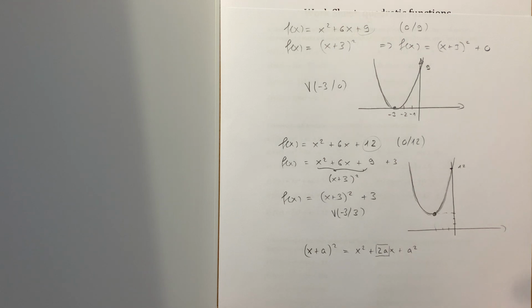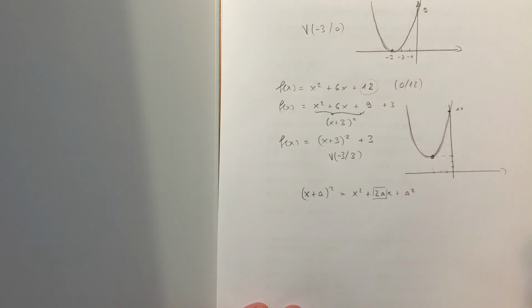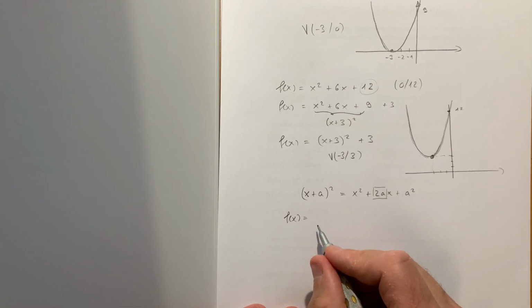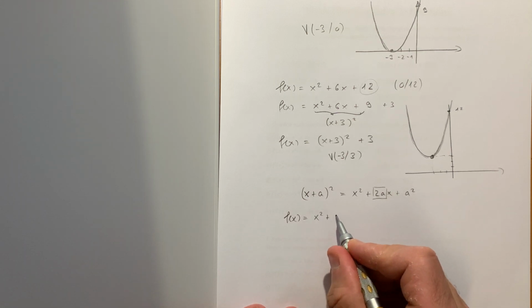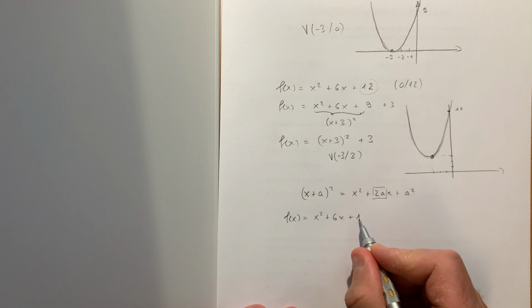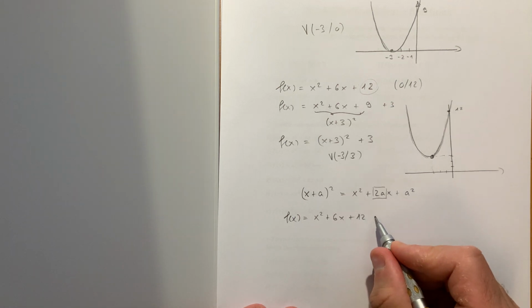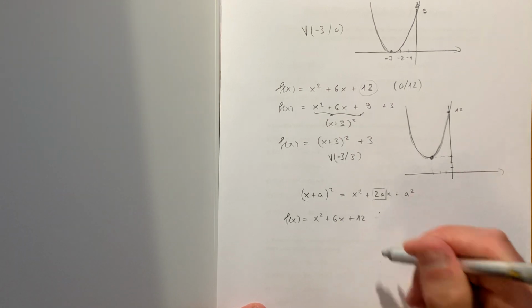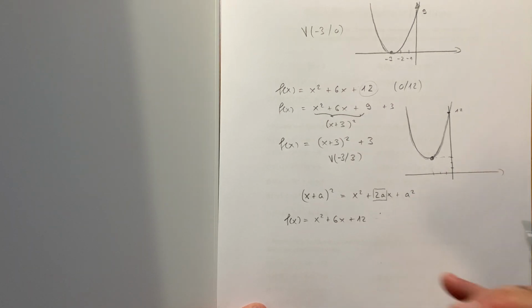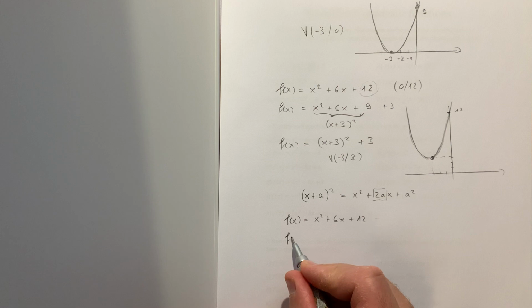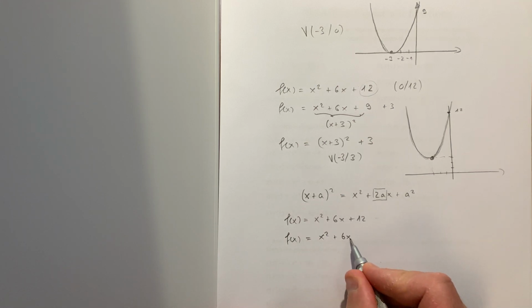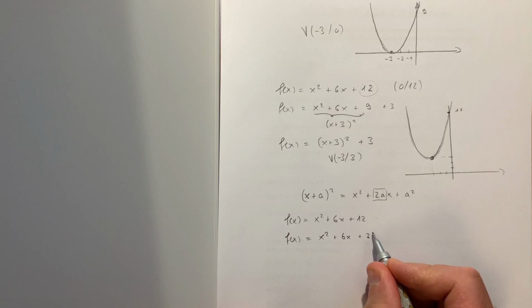Okay, so why can we use this? So you could say, let's start with f of x, x squared plus 6x plus 12. So we could say, let's just add something so that it's going to be a perfect square. That's x squared plus 6x plus 3 squared.